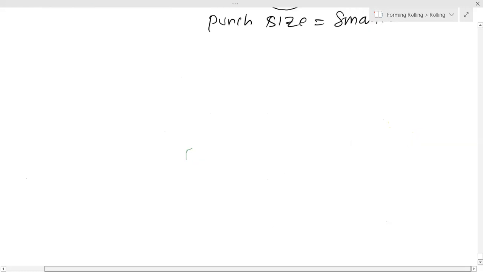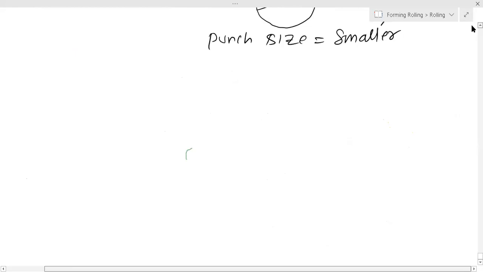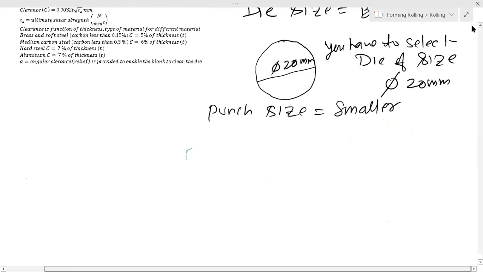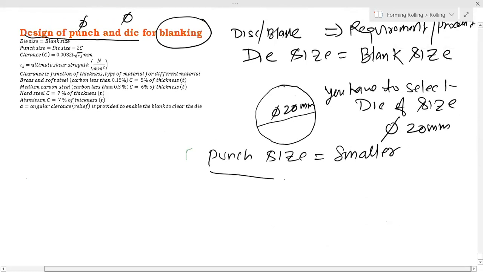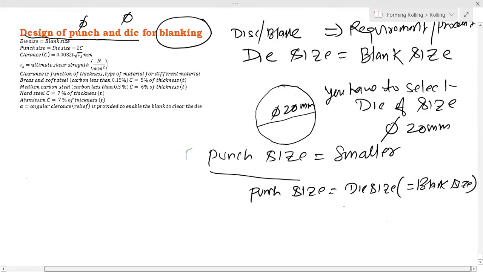How much smaller? Punch size will be equal to die size or blank size minus 2C, where C again is clearance.